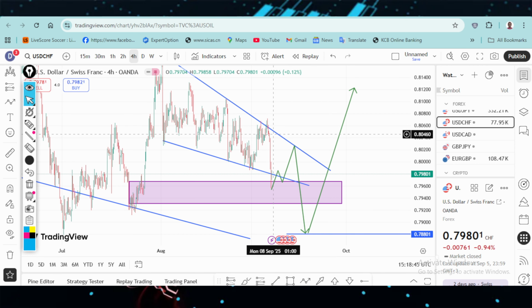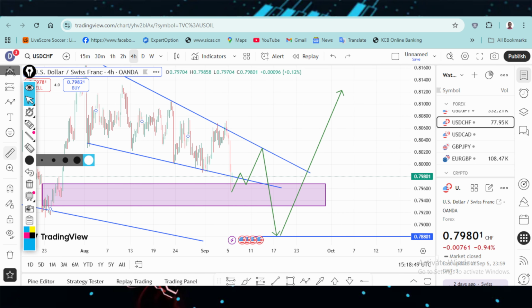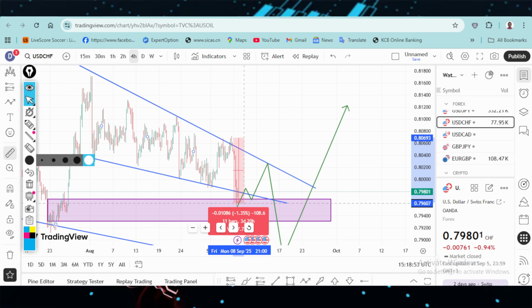And just have a look. If you calculated, for example, from there to here, how many pips is that? That's 113 pips in one move.